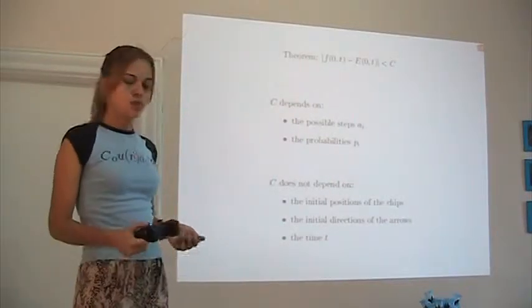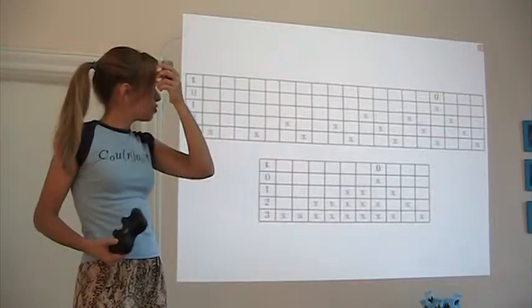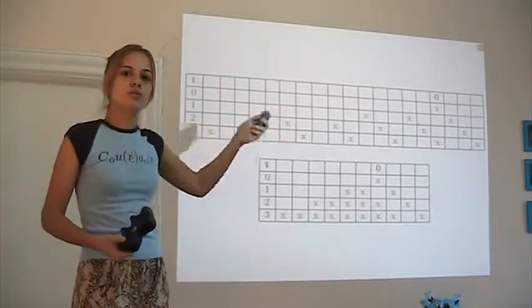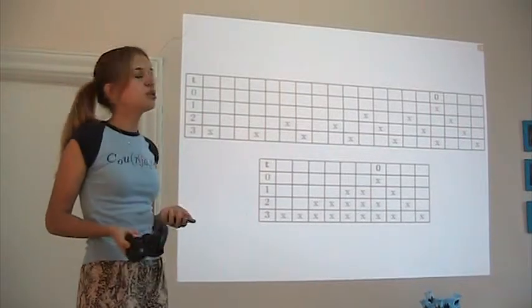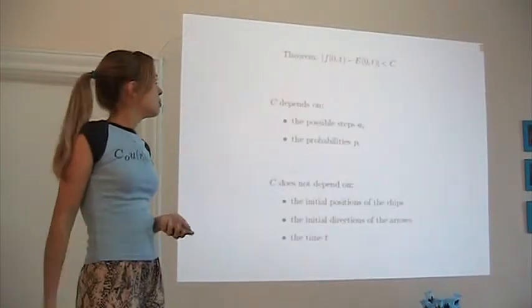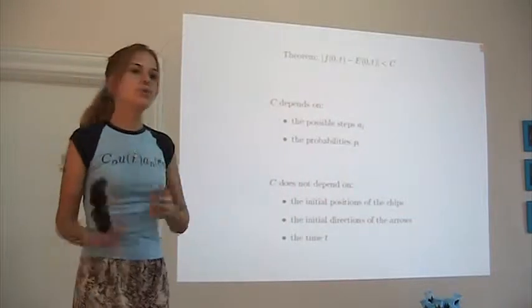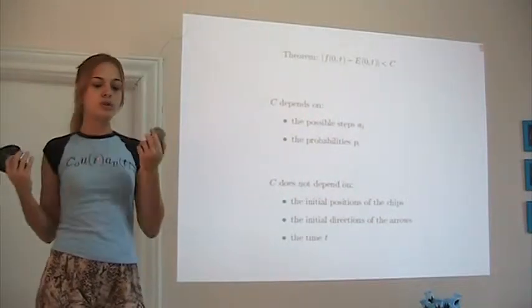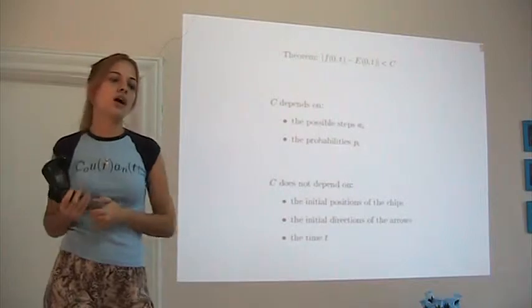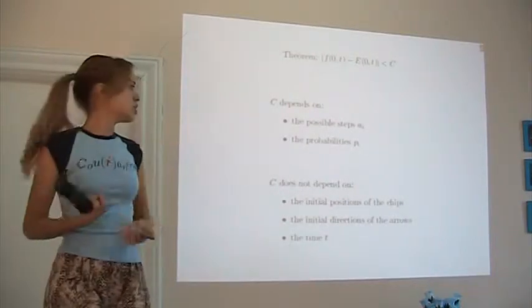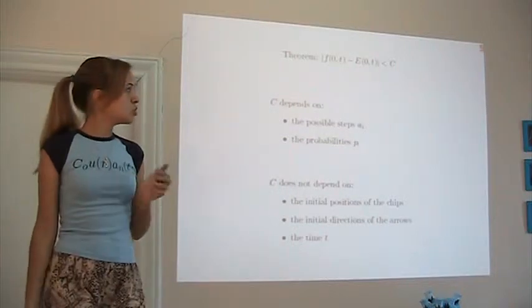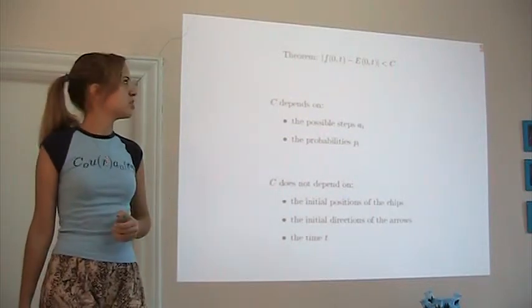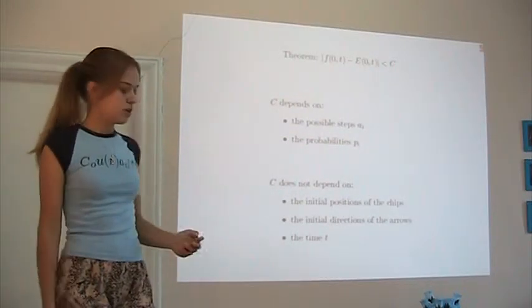And it also depends on the probabilities, because when you have more than 2 steps, then you get to make choices of what the probabilities of each step are. But the constant does not depend on the initial positions and the number of chips that you initially have, or where they are initially. It doesn't depend on how much time has passed. So that's a very interesting constant because it doesn't depend on any of these things.